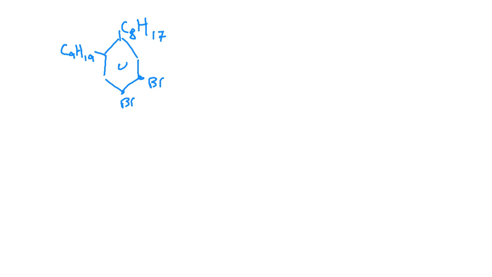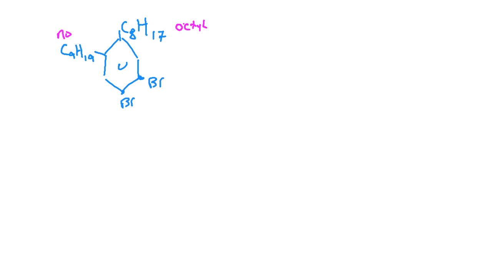Once again, we need to go alphabetically. So the bromines are good. We know C8H17 is octyl. And C9H19 is nonyl.